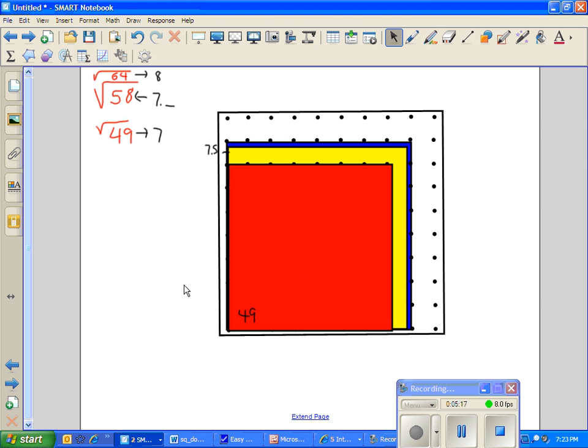Now we can see how 58 compares. A square with an area of 58 compares to a square with an area of 49 and to the blue square that has the area of 64. The yellow is not perfect because it doesn't fit the 1 unit dot. Hopefully that visual helps you understand why we did that process a little bit better.